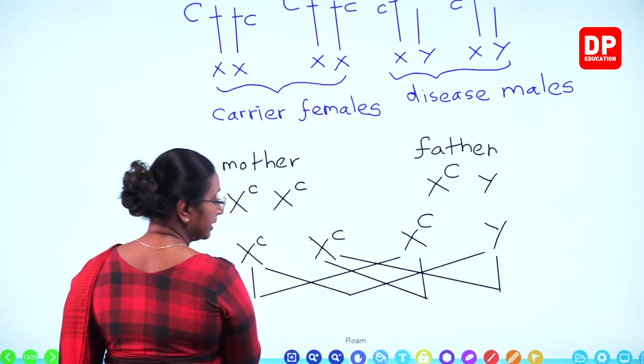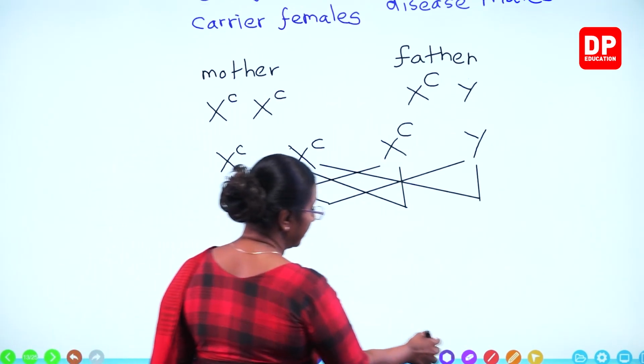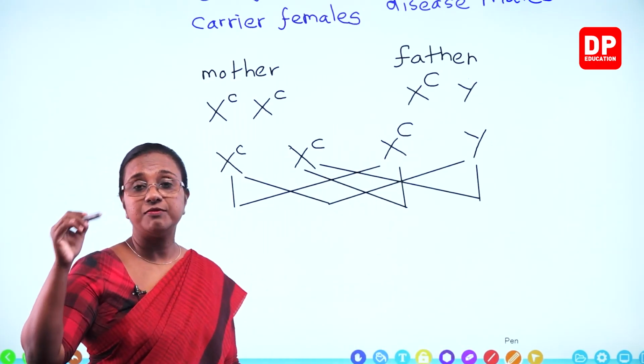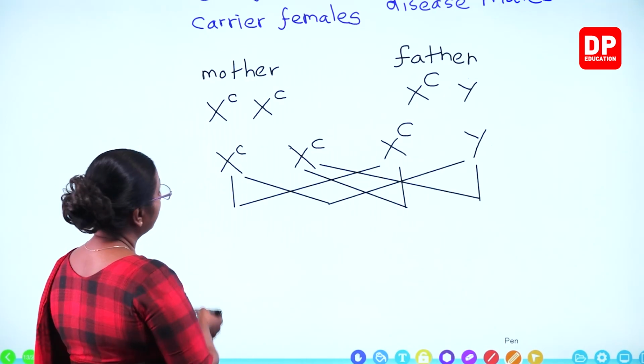When they combine, the answer is going to be the same. It's just that it is more convenient to write because you don't have to draw lines to indicate the chromosomes.